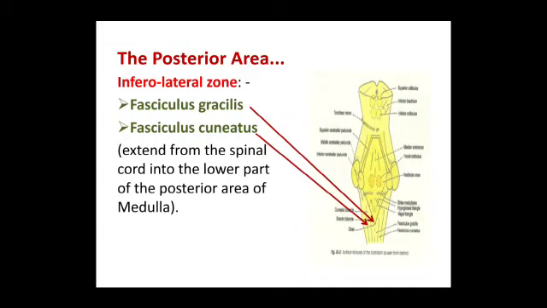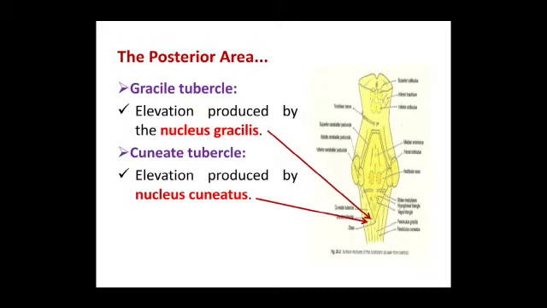Both extend from the spinal cord into the lower part of the posterior area of the medulla oblongata. The gracile tubercle is an elevation produced by the nucleus gracilis. Similarly, the cuneate tubercle is an elevation produced by the nucleus cuneatus.